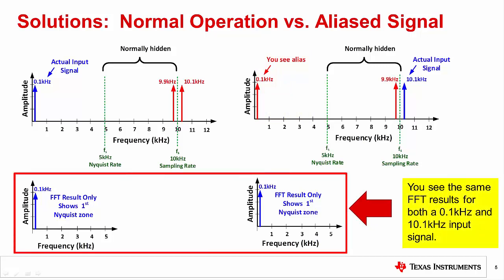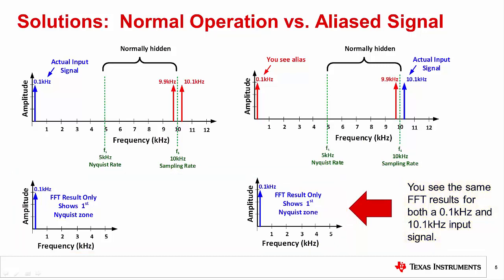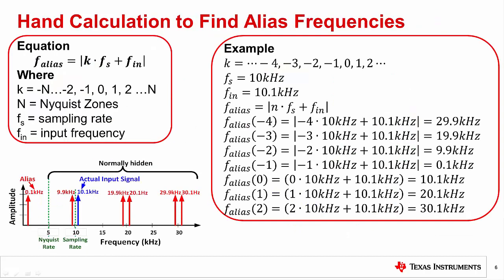Remember, the EVM GUI only displays the first Nyquist zone. So if you compare the measured results for the first two examples, the FFTs will look identical. That is, for both the 0.1 kHz and 10.1 kHz signals, the FFT measurements will show 0.1 kHz. Now let's take a look at the math behind the software calculator.